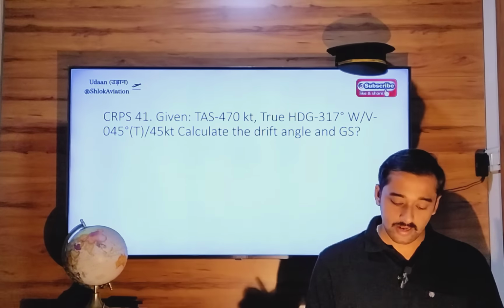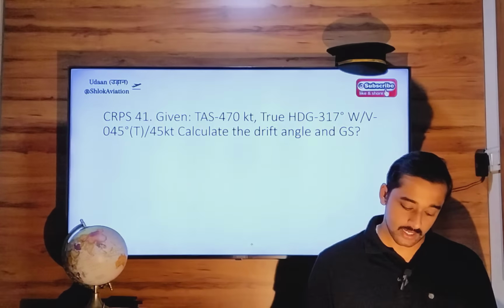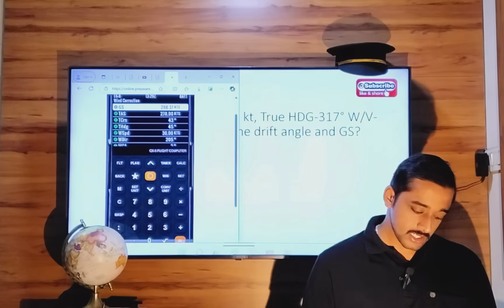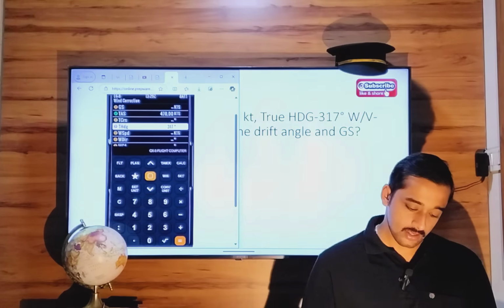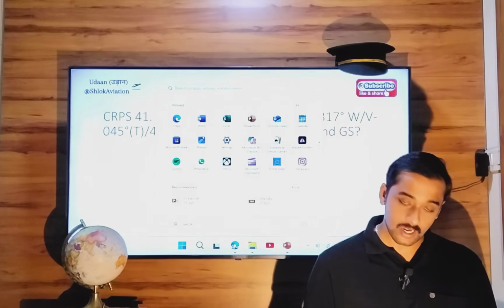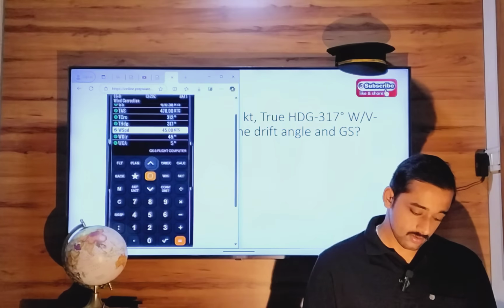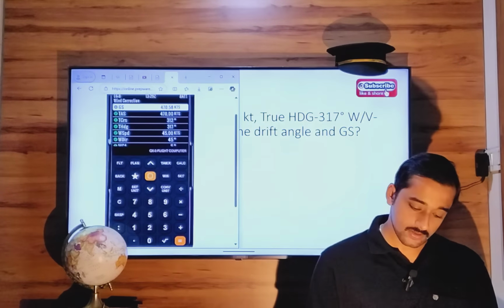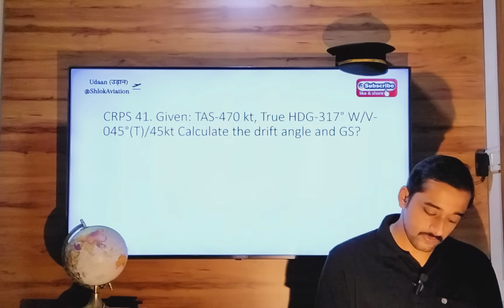True airspeed 470, heading and winds given to you, calculate drift and ground speed. Quite an easy sum. So true airspeed is 470, heading is 317, winds 45 at 45. Ground speed is 470 knots and true course 312.